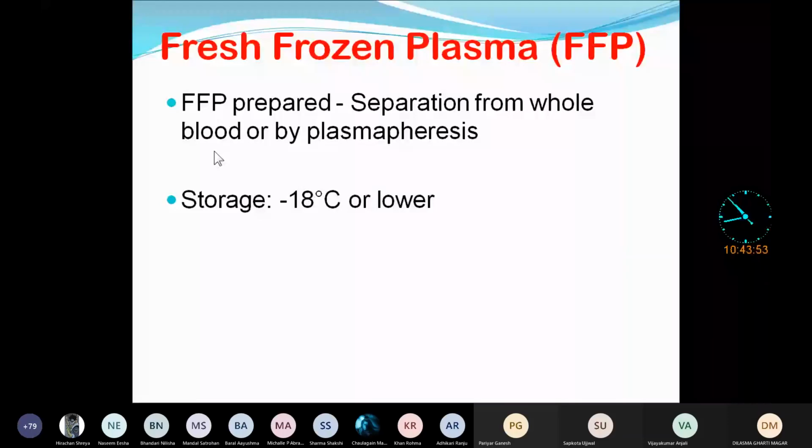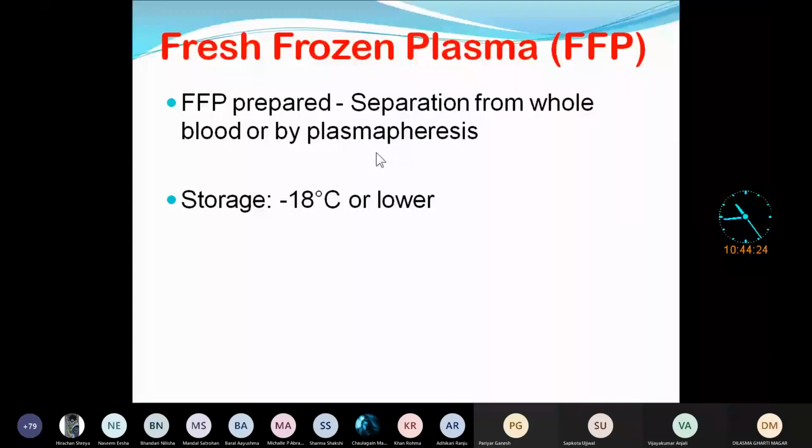It's a long thing to tell, this plasmapheresis, but anyway, I'll tell you the basic thing. Here what happens is, one person will stay near the machine, and tubes will be added to the person, one for drawing the blood and also one for returning the blood.